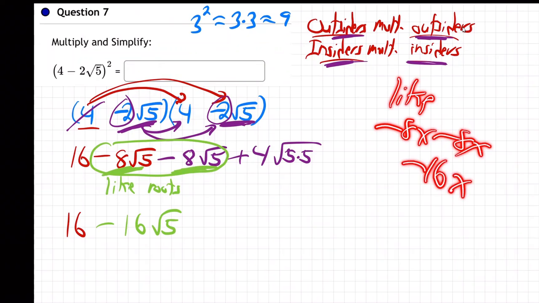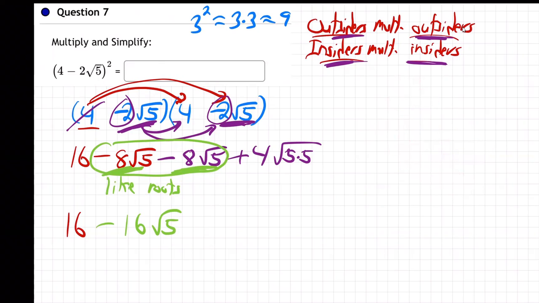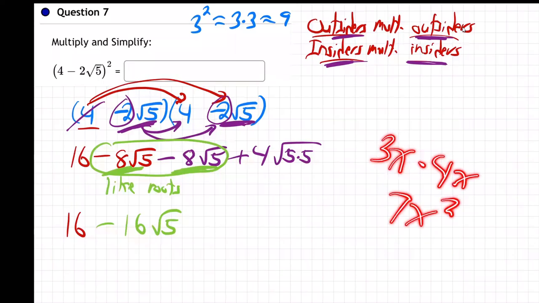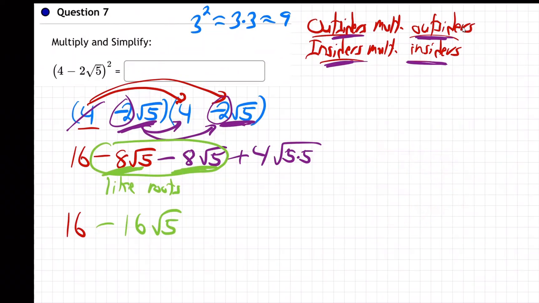You don't make it x squared or anything like that. It's the same exact rules that you do for letters. The rules for square roots are exactly the same as the rules for letters. You just combine the 8 and the 8 to make 16. You don't mess with the x. It's only when you multiply letters or multiply roots that the letters or the roots change.